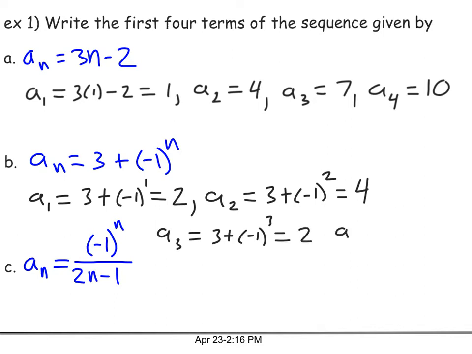You might have noticed here that this one has a pattern, and so it is a sequence described by that formula. It just hops back and forth between 2 and 4. Okay.